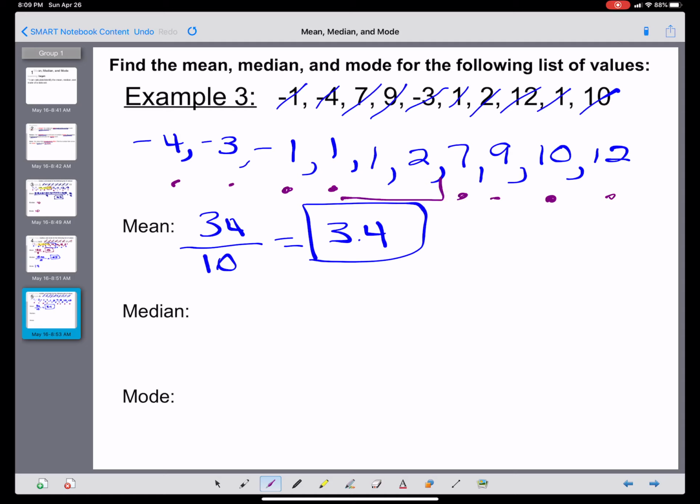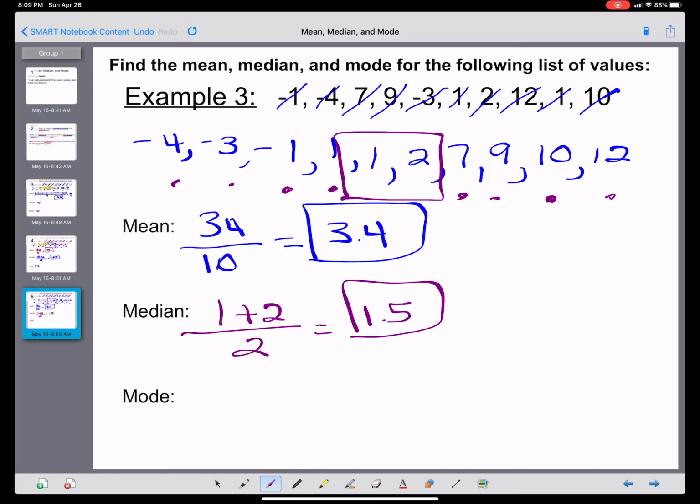And I notice that I end up with these two numbers, 1 and 2. Take the average, 1 plus 2 divided by 2 gives me 1.5. And then the mode. What number occurs the most? Well, let's see. My 1s.